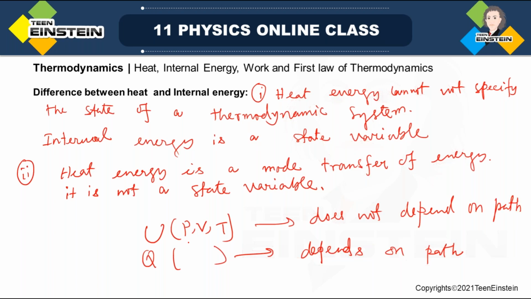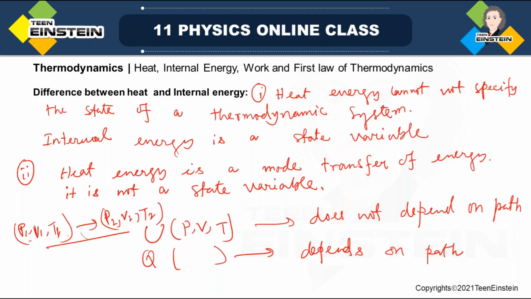You might be wondering what this path is. Suppose you are going from one state P1 V1 T1 to some other state P2 V2 T2 of a system. The heat energy depends on the path, like how you change P1 V1 T1 to P2 V2 T2.